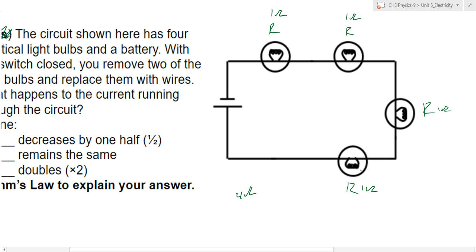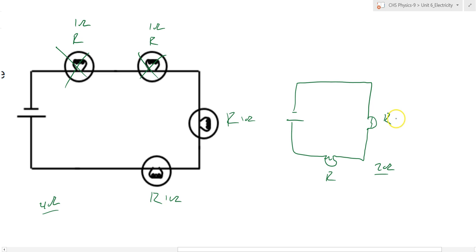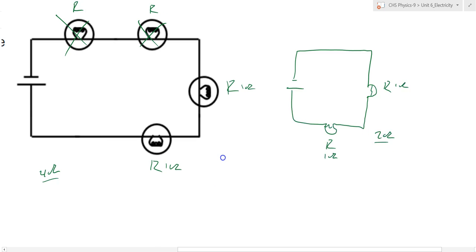If we take 2 of the light bulbs out, we get a new circuit that looks like this. And now we just have 2 R's, or a total resistance of 2 ohms, if each of these is 1 ohm. Okay? So really what we're doing is we're cutting the resistance in half.